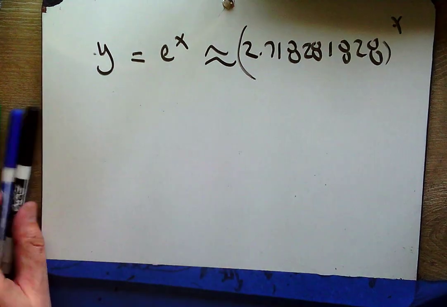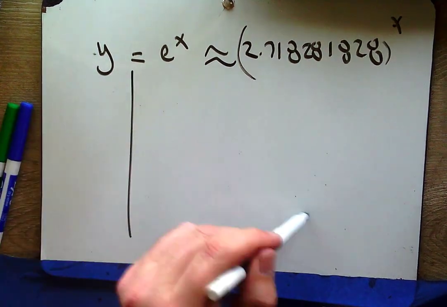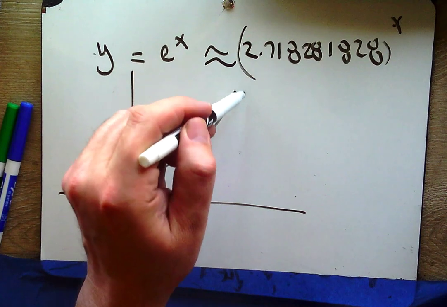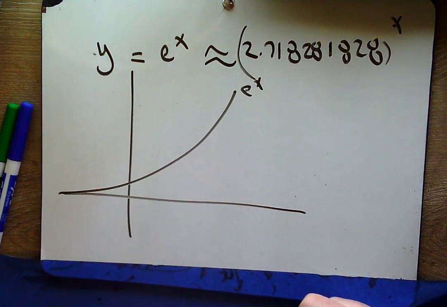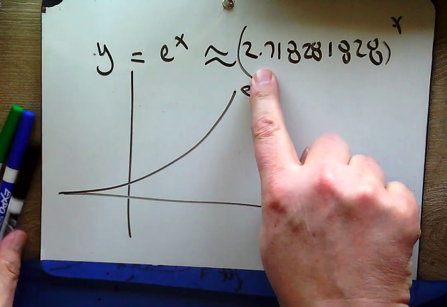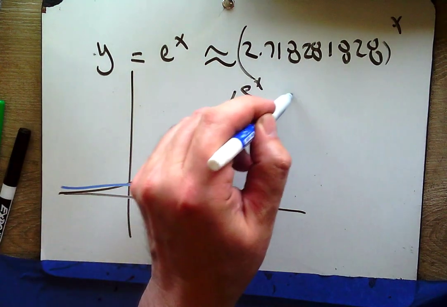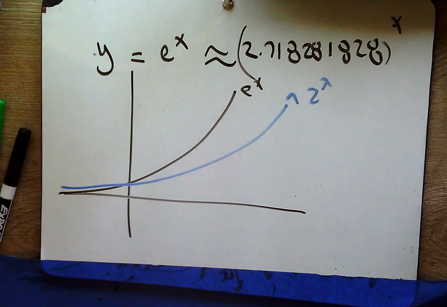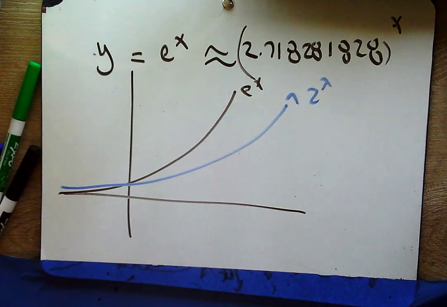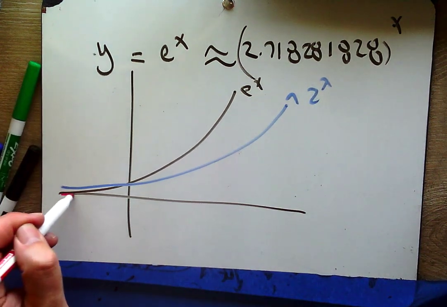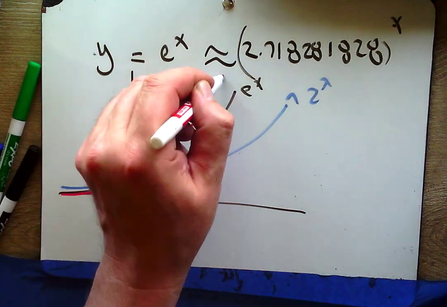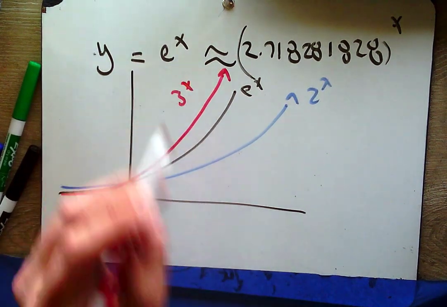So when I see e to the x, I know that the graph of e to the x is going to be between 2 to the x and 3 to the x.